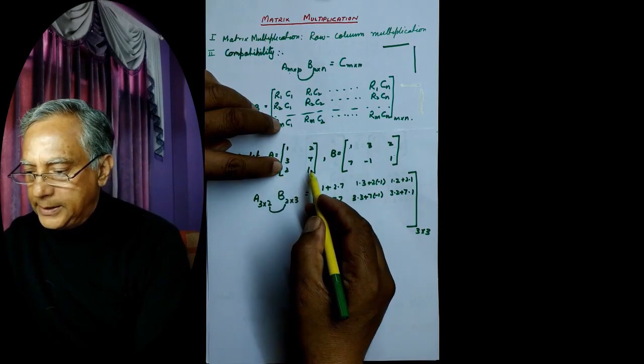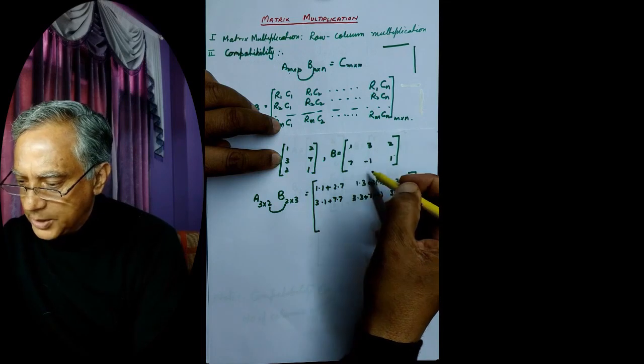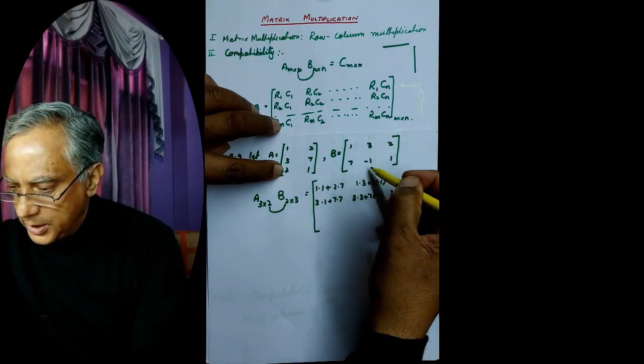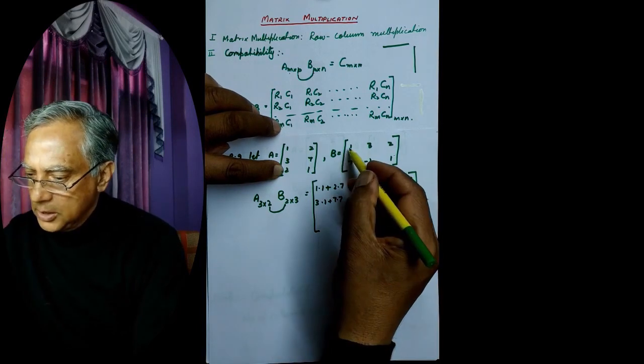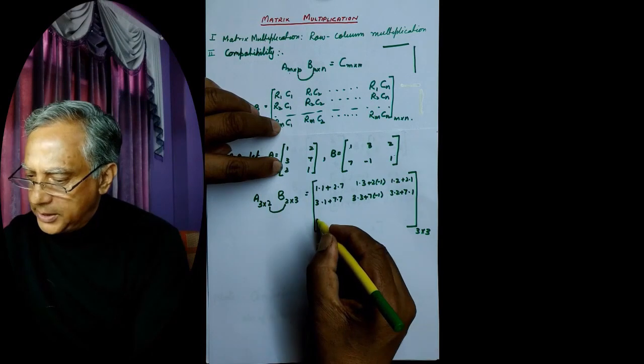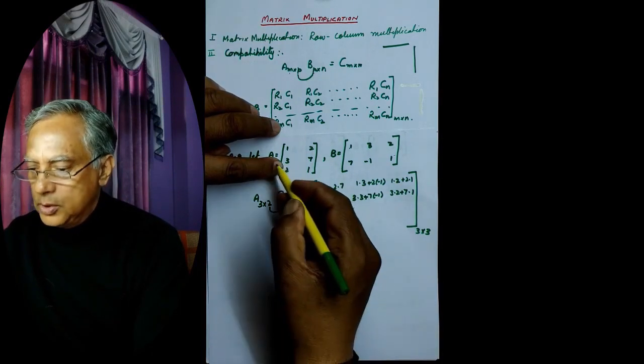Now we take the third row. The second row has been multiplied with the first, second and third columns. Now we multiply the third row with the first column, second column and third column. So first column: 2 into 1 plus 1 into 7.